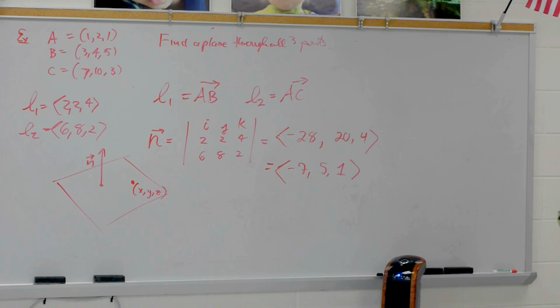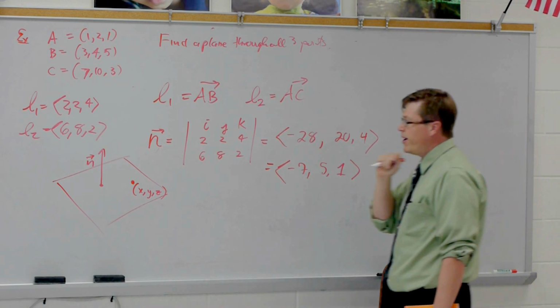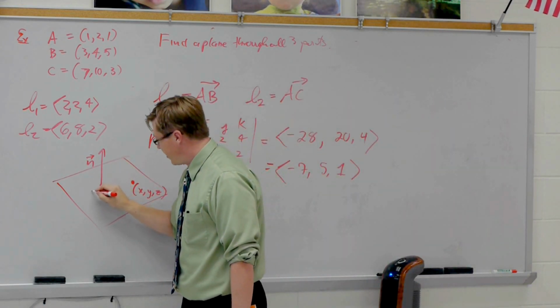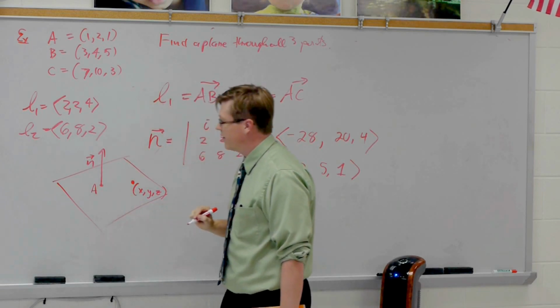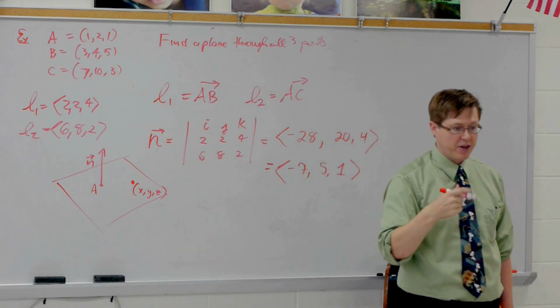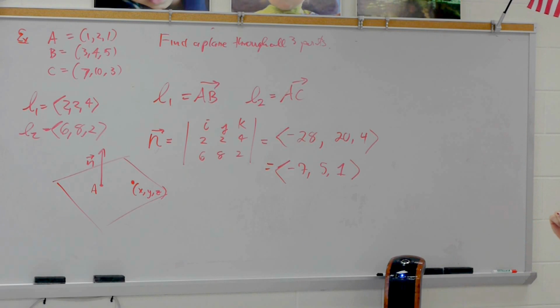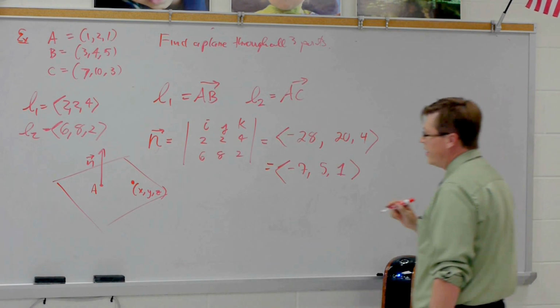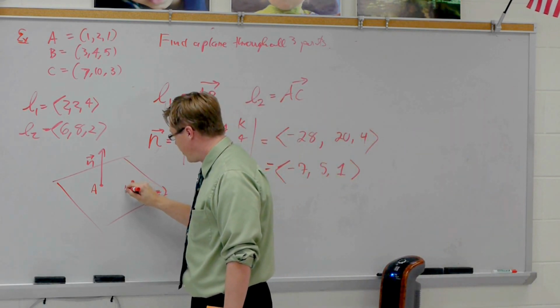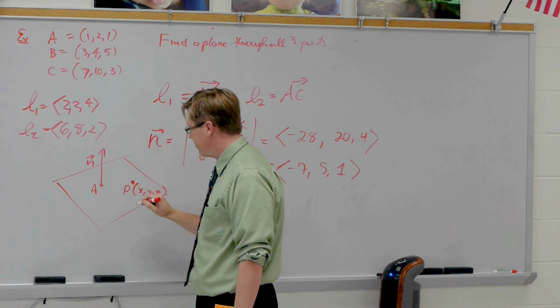And here's what I can do. Let's imagine this normal vector here is living at point A, so I know its coordinates. And x, y, z, I'll just call that point P, just give it a name.